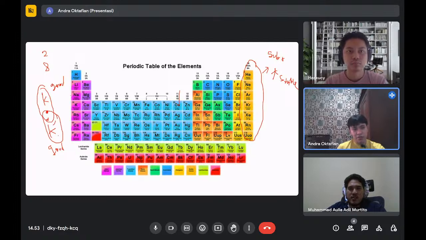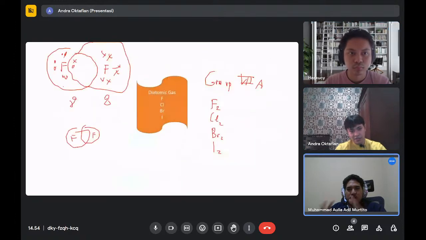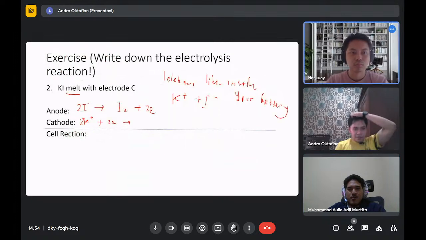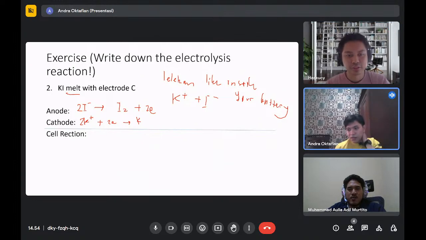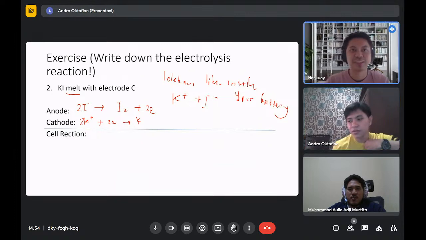So both of them are stable. So in the end, it will be K2. Yeah, it should be.